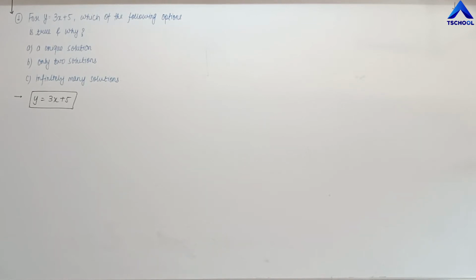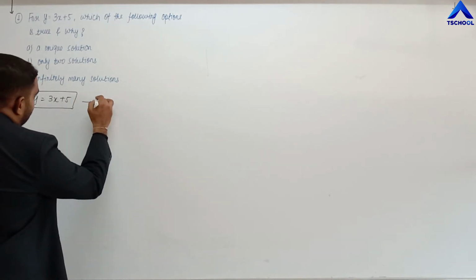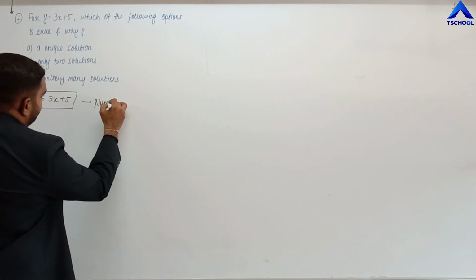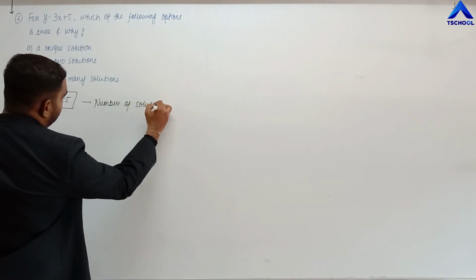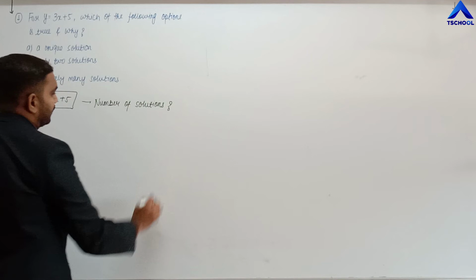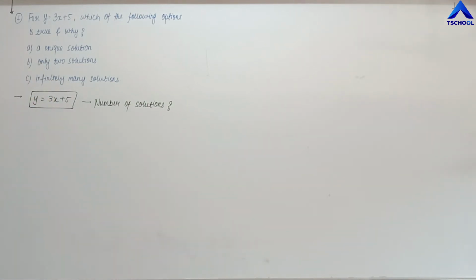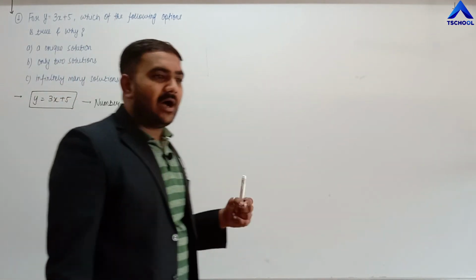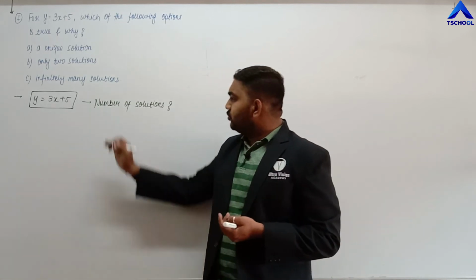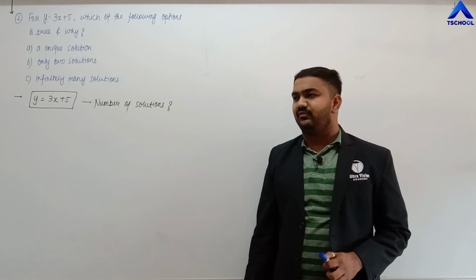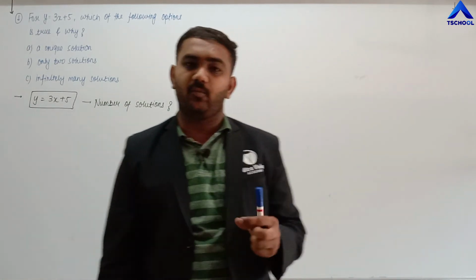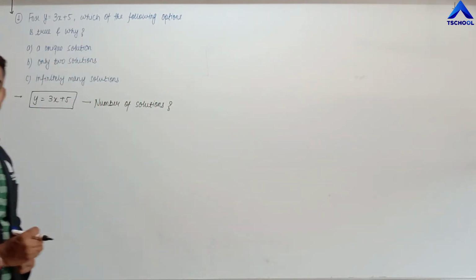Yes or no? Can you define how many in number solutions this equation has? 1, 2, 3, 4, 5, 7, 10, 15, 20. How many? Can you define it?